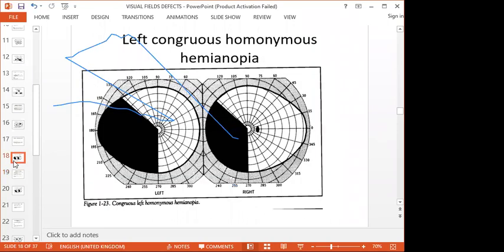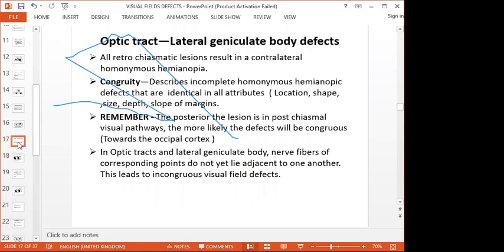Which one has the temporal field defect? See this eye, left eye. Left eye congruous hemianopia, because the field defect is temporal in the left, nasal in the right. Well, this is what the patient is seeing. The one on the temporal side.